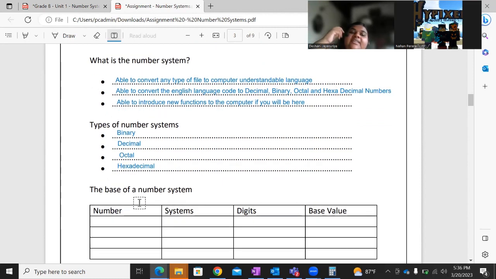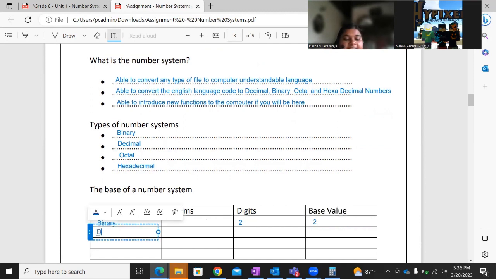So according to the number systems that we added, we have to add the numbers of each system, right? For example, if you take the binary number system, how many digits do we have? We have only 2 digits, and the base value is again 2.